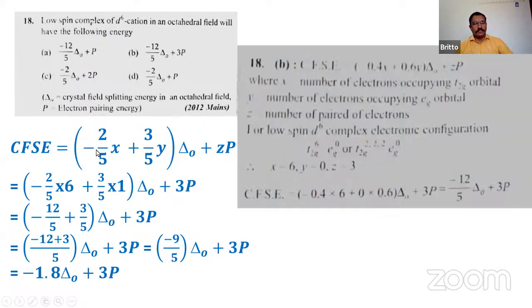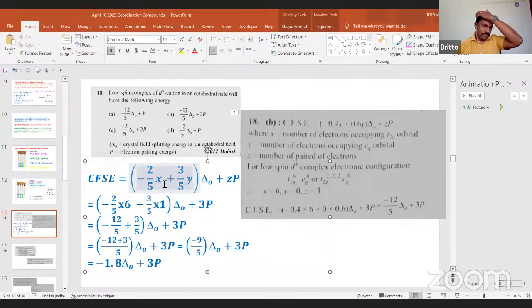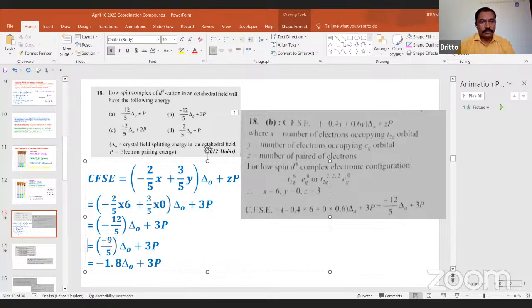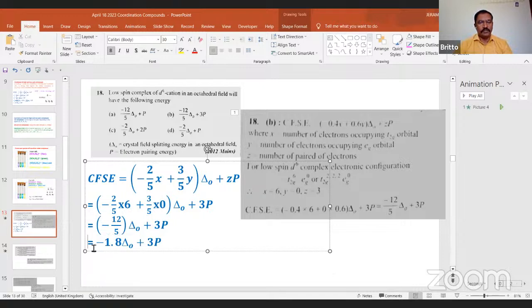In d6, x is actually 6, and there are 0 electrons in the eg level. The number of orbitals with paired electrons is 3. So 0 into 3 by 5 is 0, and we are left with just minus 12 by 5. Minus 12 by 5.